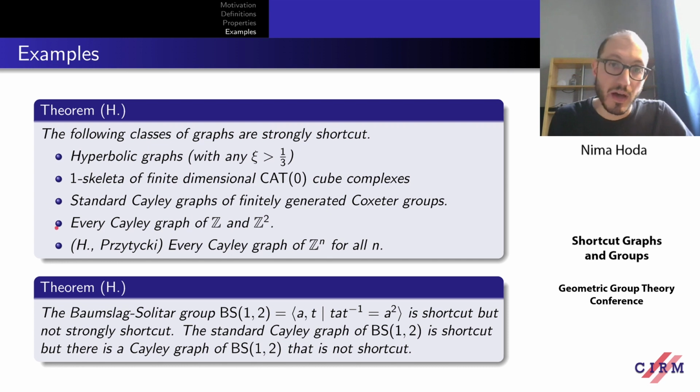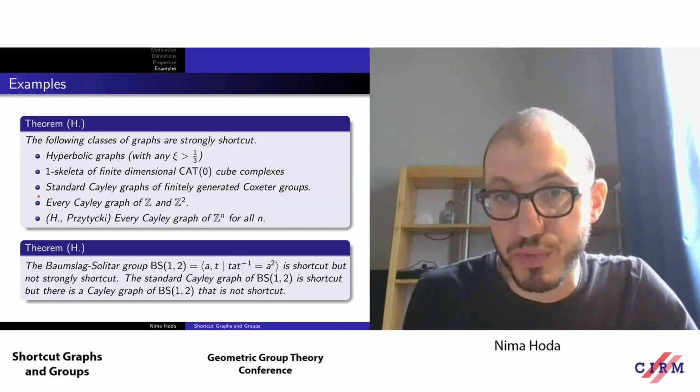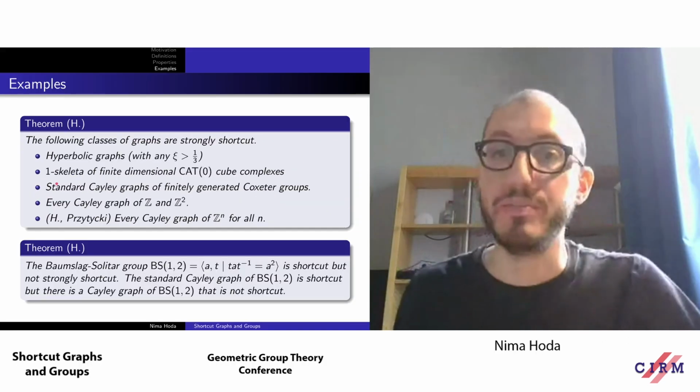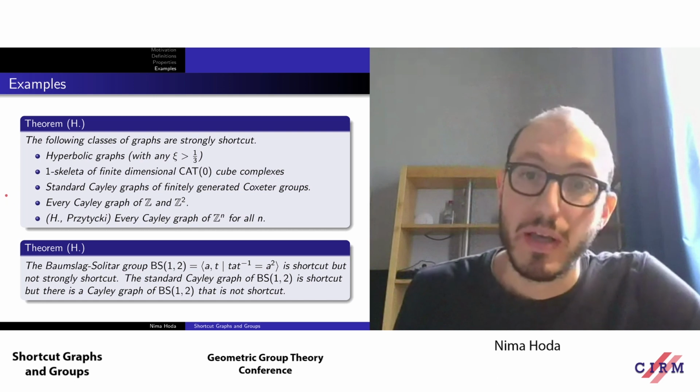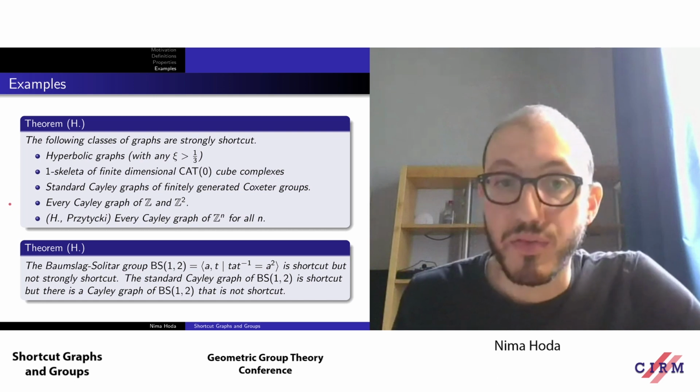Also, every Cayley graph of Z and Z squared is strongly shortcut, and in fact, with Piotr Pająk, we extended this, showing that it holds for every Cayley graph of Z to the n for all n.